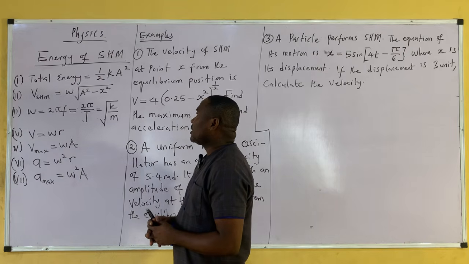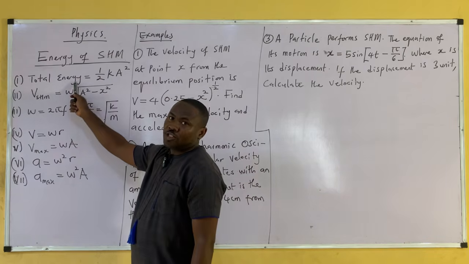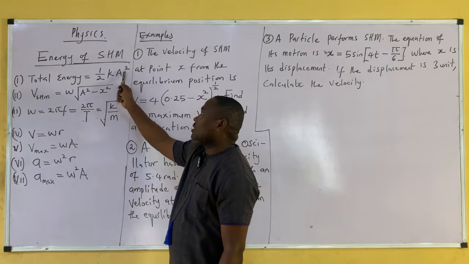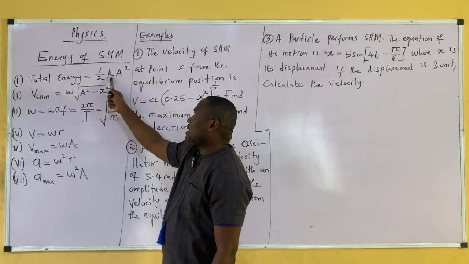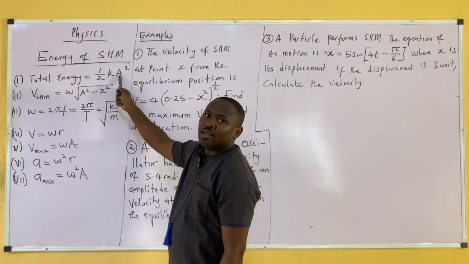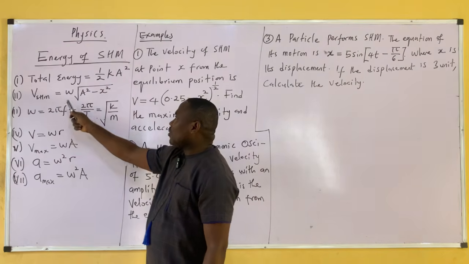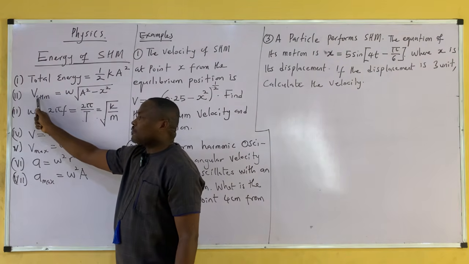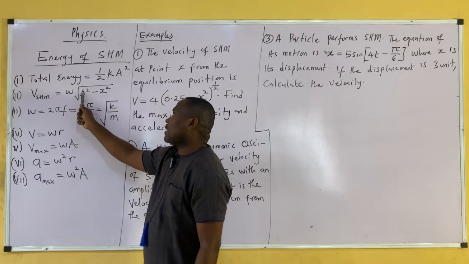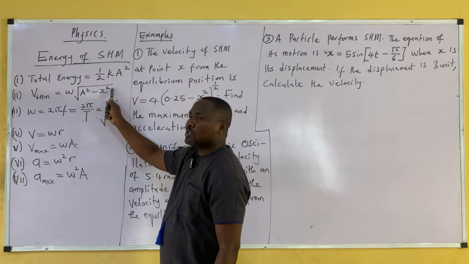So far, these are some of the formulas that have been proven. We began the topic now. Total energy, also called mechanical energy, is 1/2 kA squared. Remember, the k here is the spring constant, while the A here is the amplitude. Velocity for SHM is equal to angular frequency times the square root of amplitude squared minus displacement squared.